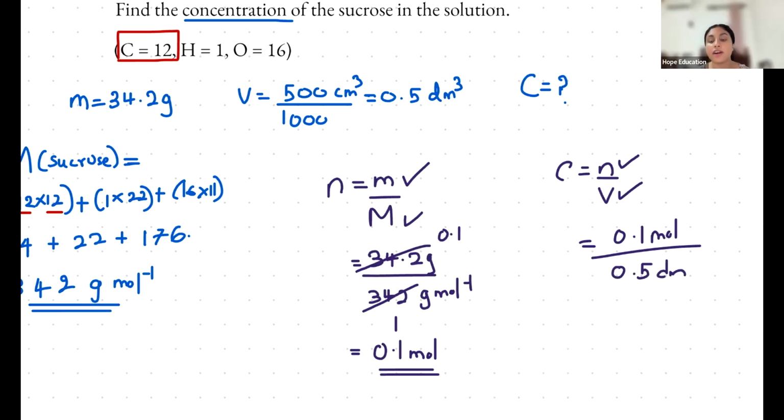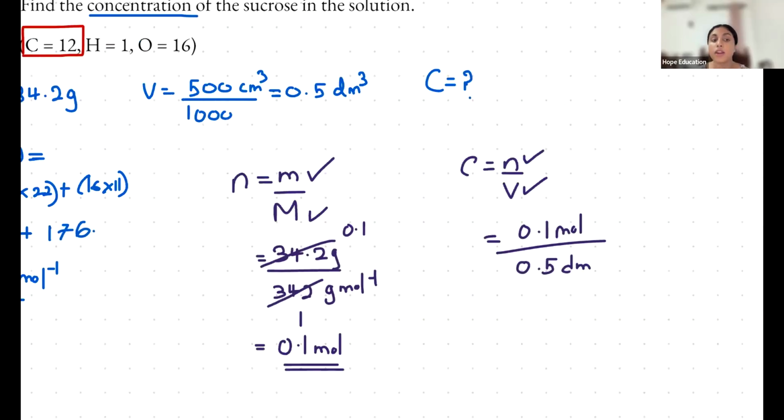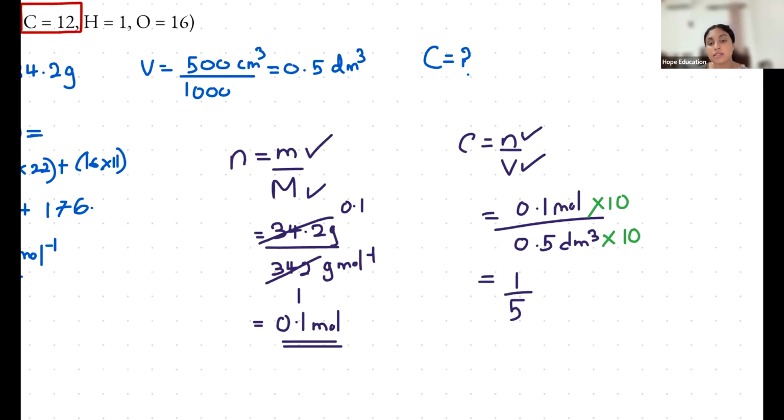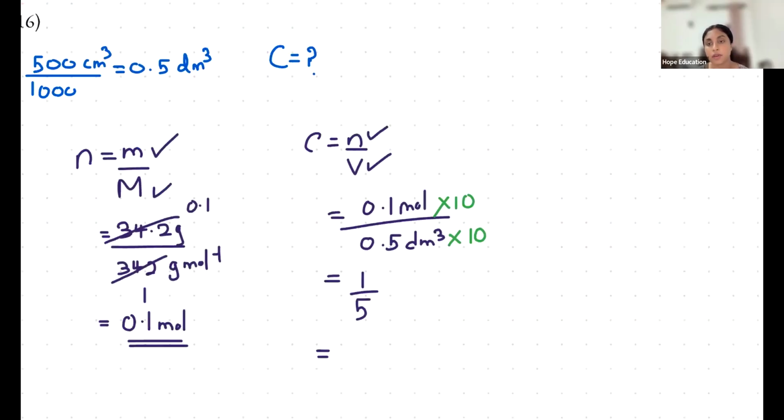I told you we never keep a decimal in the denominator. So I multiply this by 10 to remove the decimal. If I do it to the denominator, I have to do the same to the numerator. 0.1 multiplied by 10 is 1. 0.5 multiplied by 10 is 5. So 1 over 5 means you have to divide 1 by 5.